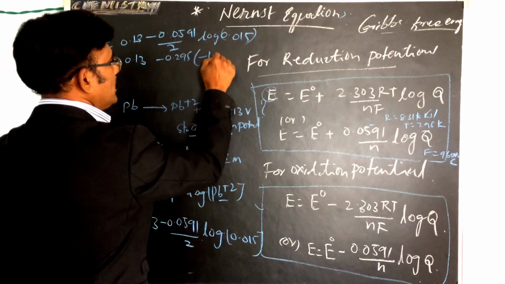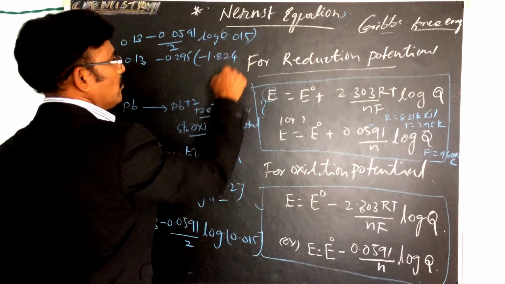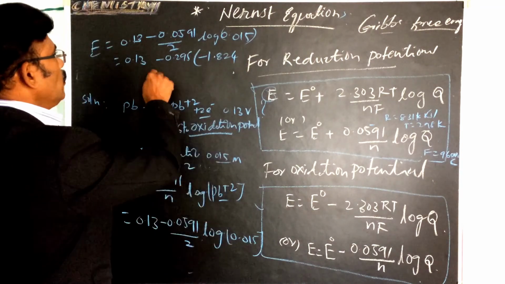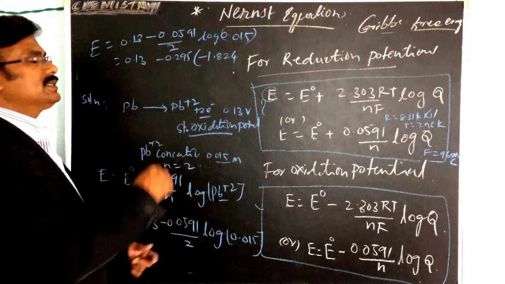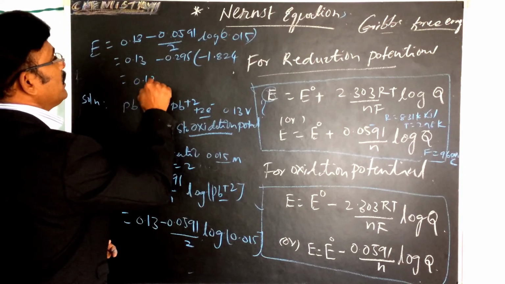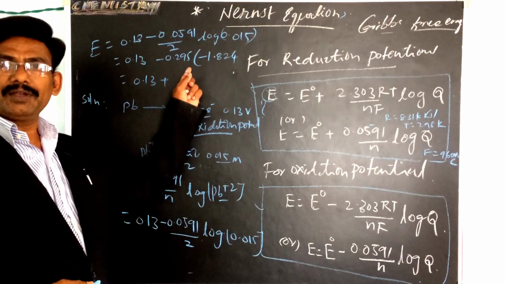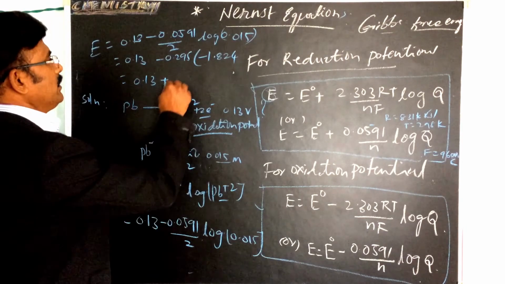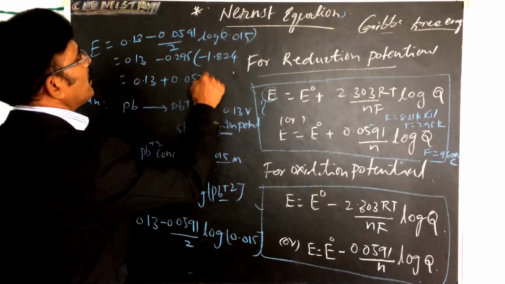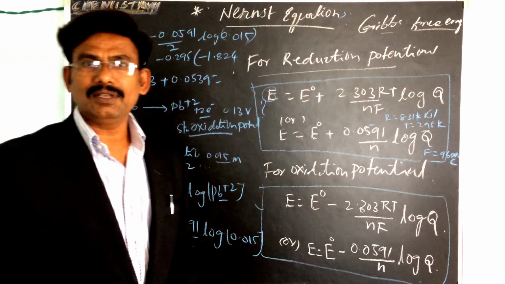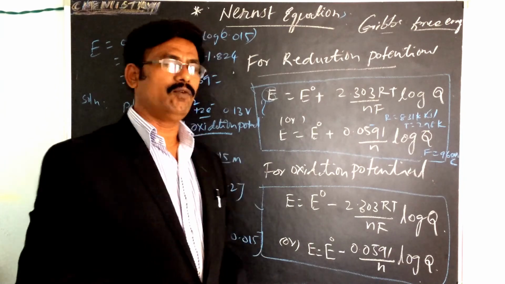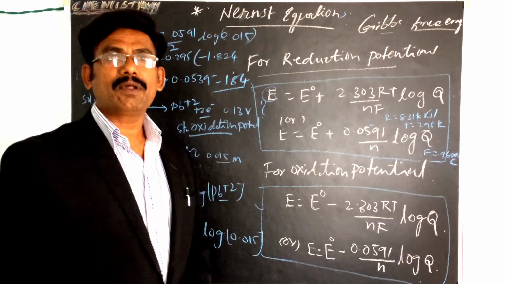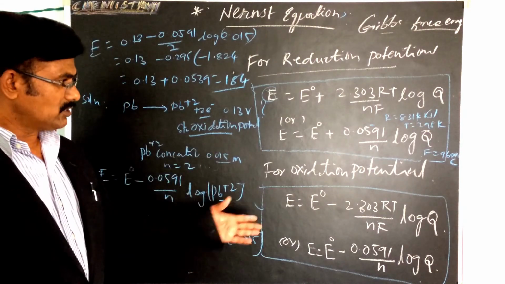Minus into minus becomes plus, so 0.13 plus 0.0539 gives a total value of 0.184. So this is the problem for one oxidation potential.